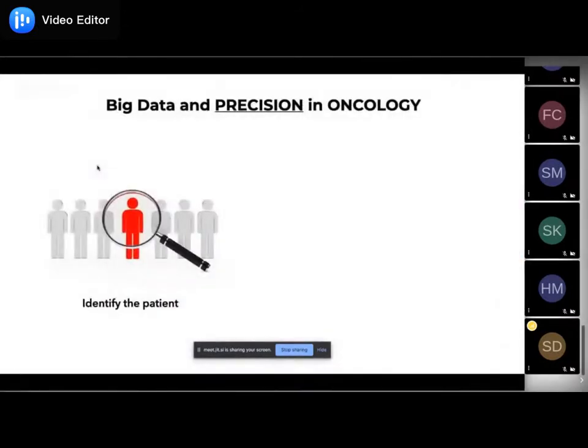So, big data and precision in oncology. I was telling you that identifying a patient and patient stratification is something that we discussed. I know these are big words, but they are simple to understand. If you go through a learning experience, take the introduction to bioinformatics, you'll understand that this is something you may be able to comprehend.